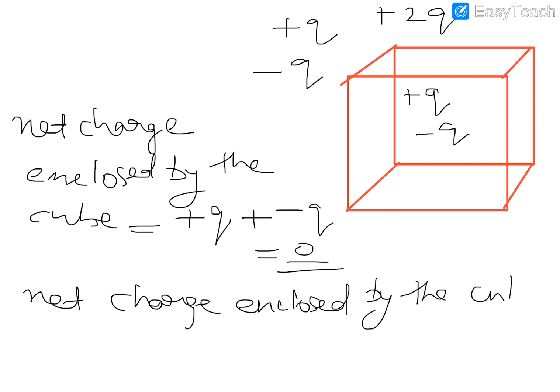The answer will be plus q minus q, that is 0. You don't need to consider the other charges because they are outside the cube. The question is the net charge enclosed by the cube. Inside the cube, what is the net charge? That is only plus q minus q, which is 0. The other charges are not inside the cube, so they are not enclosed charges.